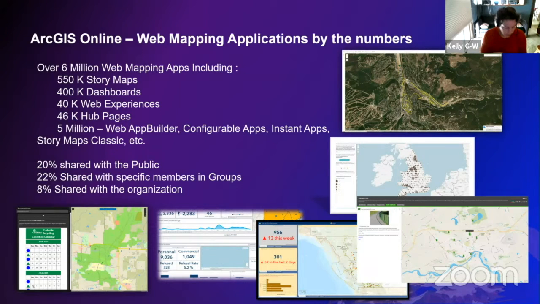This can be done for small audiences, and keeps only the right people looking at your applications and data. About 8% are shared with the organization, so everyone in the organization can see the application and the data. That's how the sharing breaks down. About 50% are shared privately. Those are usually apps that are being built, being tested, and in the process of the build.